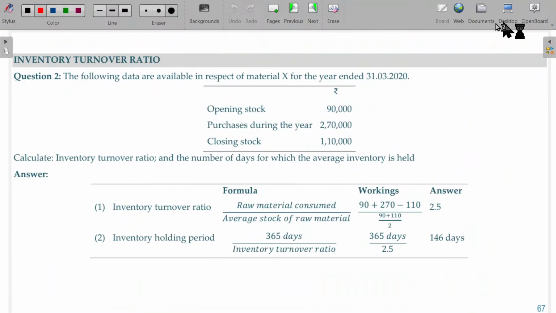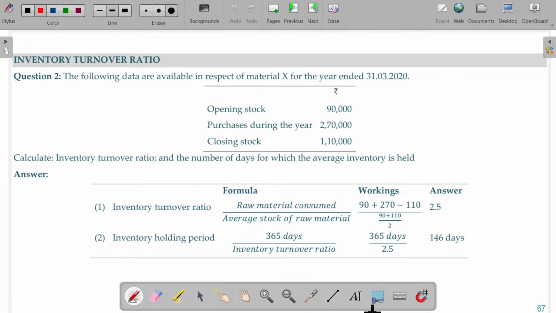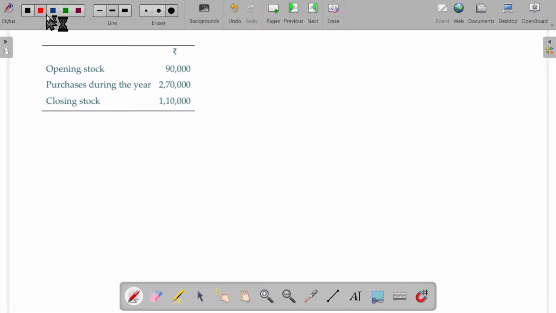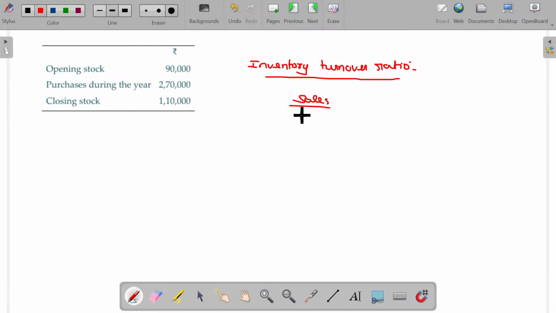Next one is all about inventory turnover ratio. So for inventory turnover ratio or stock turnover ratio, the formula is sales or turnover by average inventory.